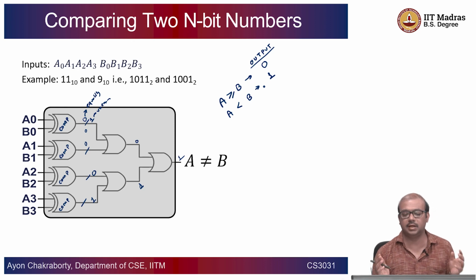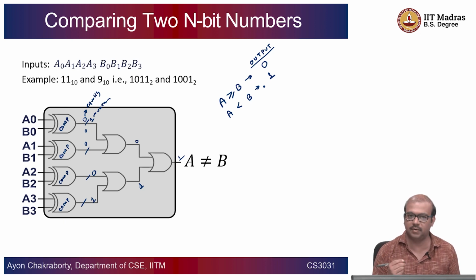What I told you in the very first few lectures is that given the logical problem, you need to find out the truth table or the functional specification. You do not directly know the function, you need to find it out, either in some sum of products form or product of sums form, and minimize it, but that is a different thing. Given the logical problem, you need to find out the truth table.